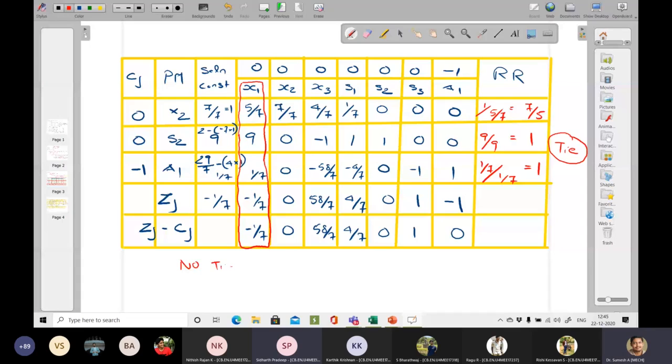Okay, you can select any row. But in this case, it is different. Which term do we want to eliminate?